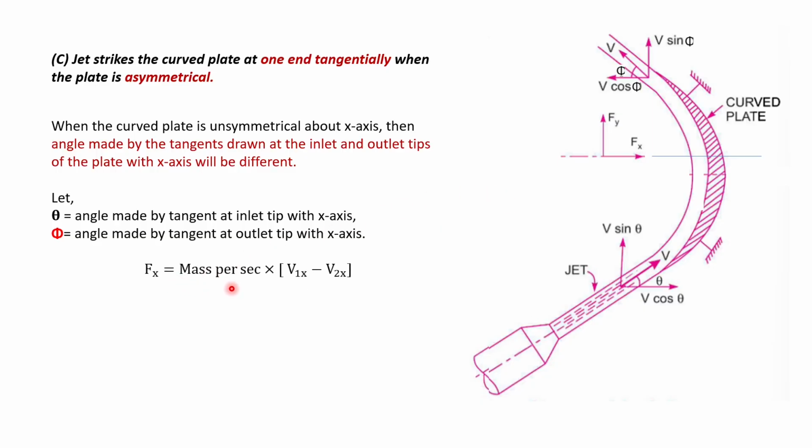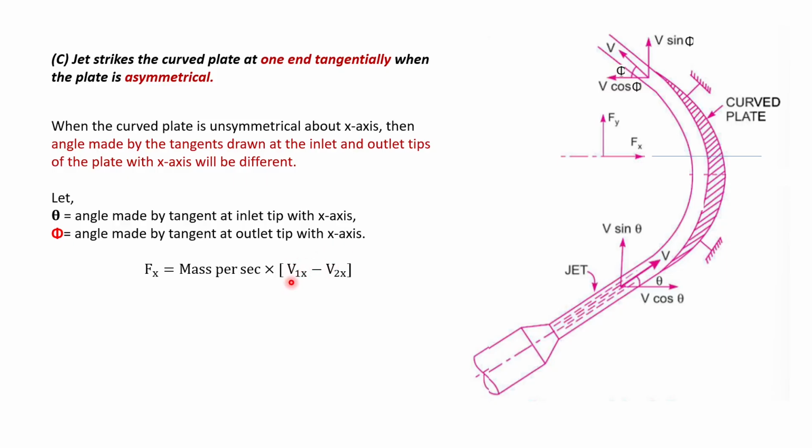So Fx is equal to mass per second into v1x minus v2x. v1x represents the initial velocity in the x direction. Here we can see that initially in the x direction the velocity is v cos theta, and finally v cos phi is the final velocity, which is represented by v2x in this case.